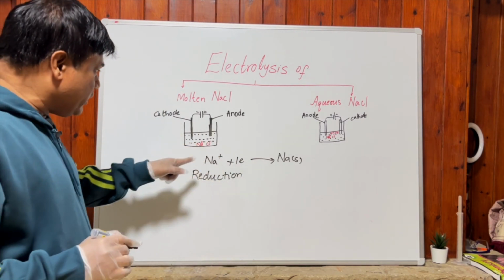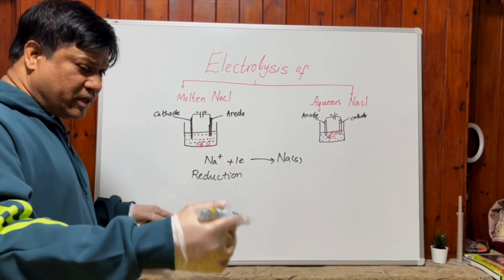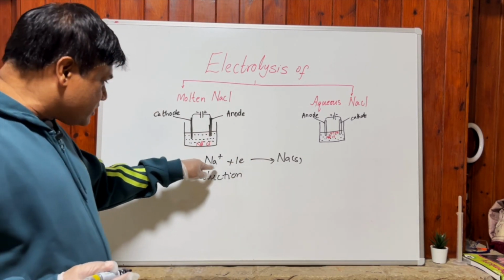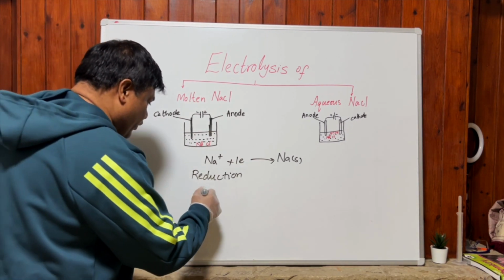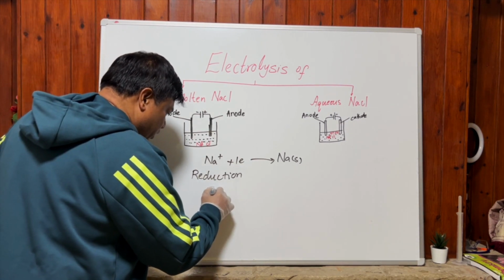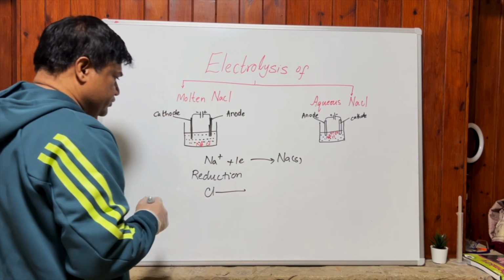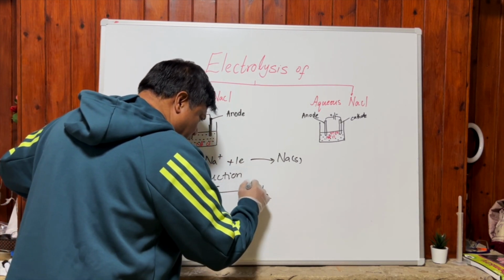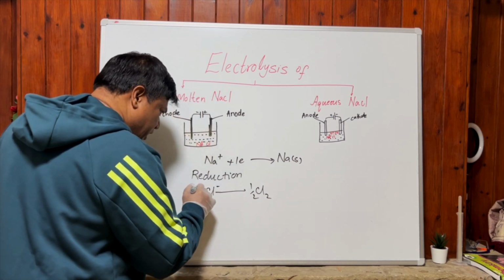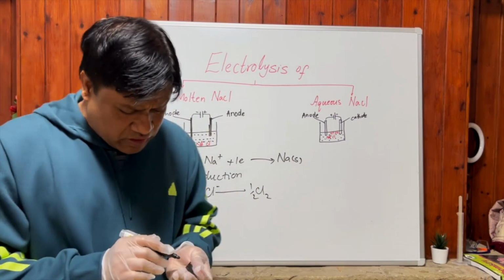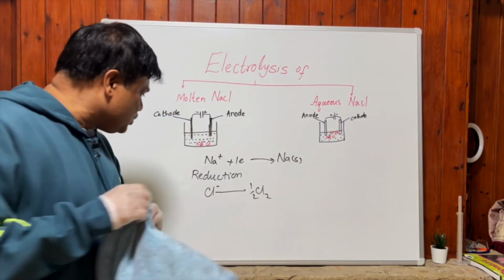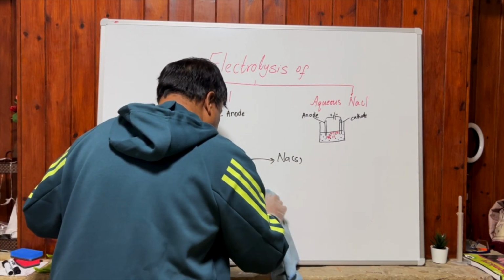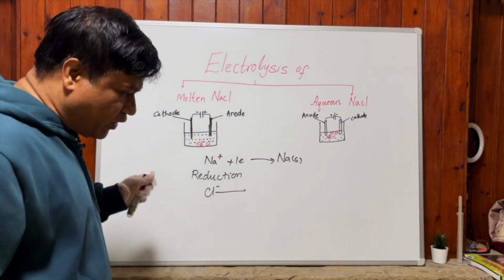Now, chlorine, mostly the non-metal, discharges in the form of gas, and the metals get deposited. Look at the chlorine: Cl- loses an electron and becomes chlorine gas, Cl2. We take 2Cl, because we don't have just one NaCl, we have a lot of NaCl.